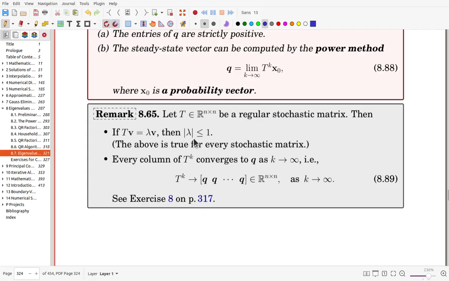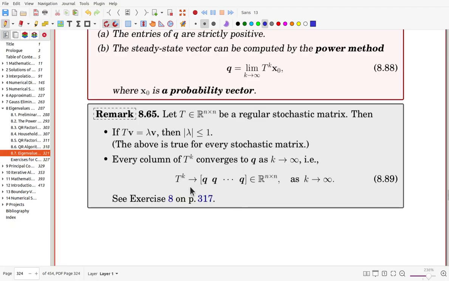This is true for every stochastic matrix, and for a regular stochastic matrix, every column of T^k is converging to Q. So if you multiply T by itself again and again, then every column will converge to the unique steady state vector. It's quite interesting theory, and you will prove that.